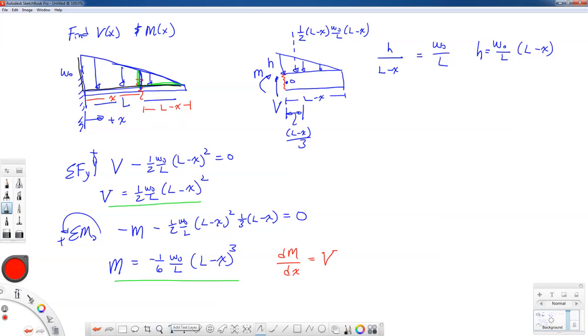That's a relationship that we will see in more detail in the next lecture, but I want to point that out now. When we get ready to talk about shear force and bending moment diagrams, we'll more formally see where that comes from. Okay, so this is an example of finding shear force and bending moment as a function of position x.